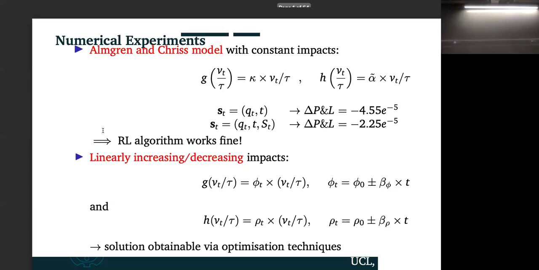If this is the case, then you can find the optimal solution analytically, and so you can compare whether the machine is able to learn the optimal strategy. The last approach is the case where the parameters alpha tilde and kappa are following some stochastic process.